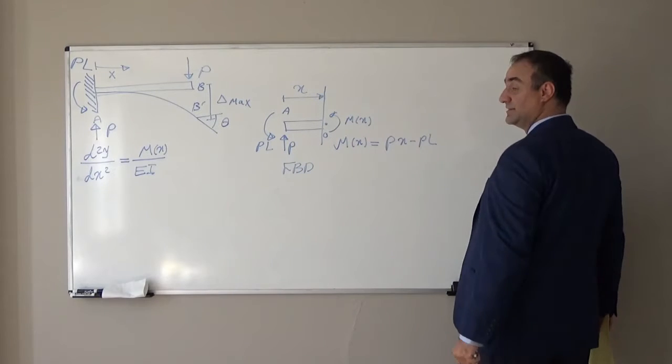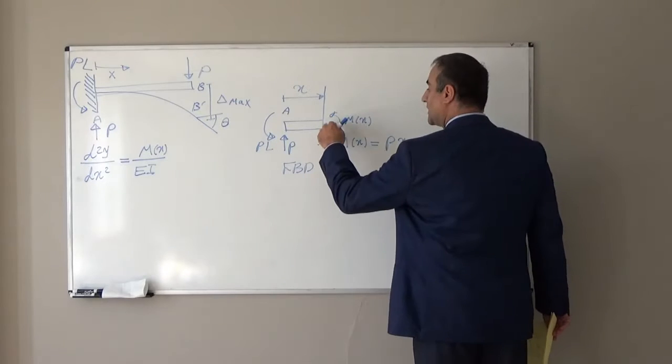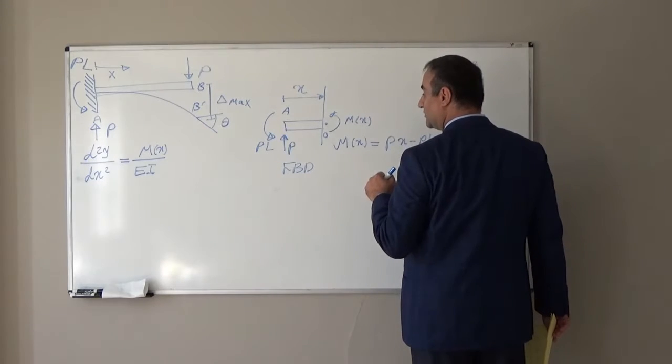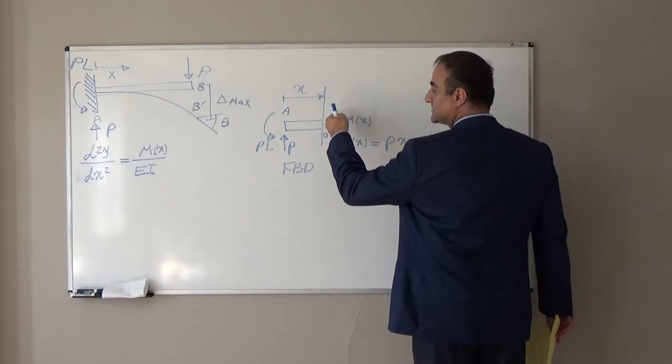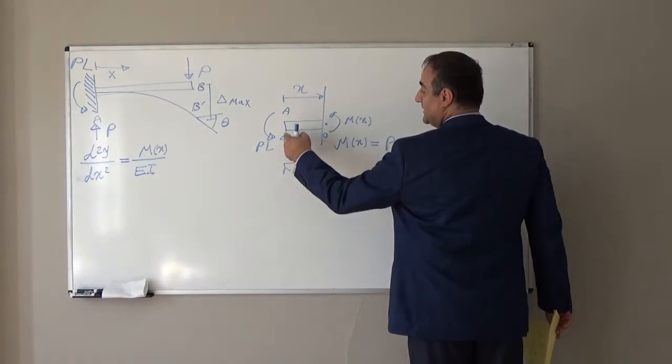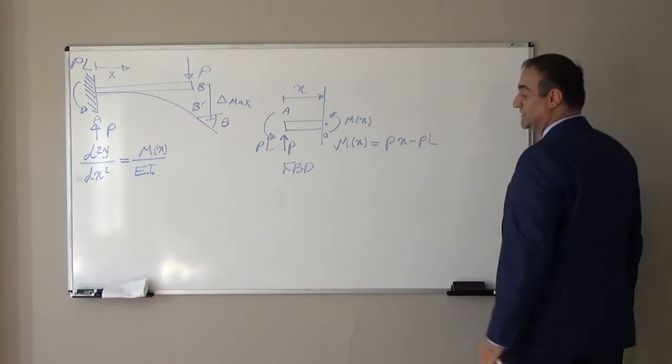I want to find the internal moment. In order to find it, I should take moment with respect to the cut point and set it equal to 0. So I will have Mx minus P times x plus PL is equal to 0.